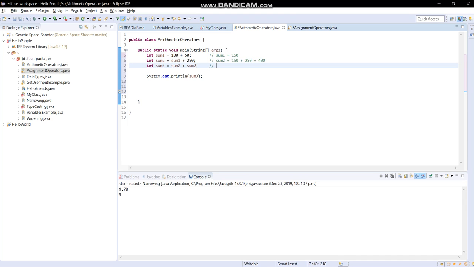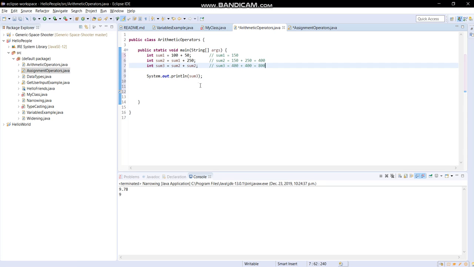On the next line here we have sum3 equals sum2 plus sum2, so sum3 equals 400 plus 400, because we're taking sum2 and adding it to itself, being 400, which equals 800.